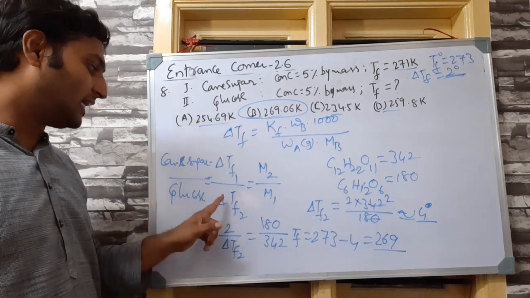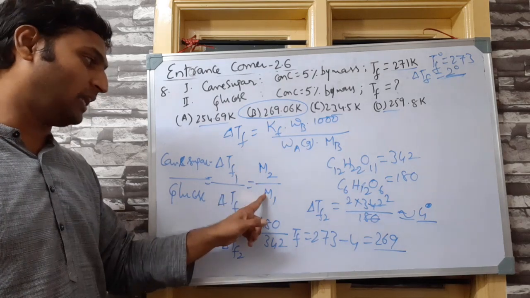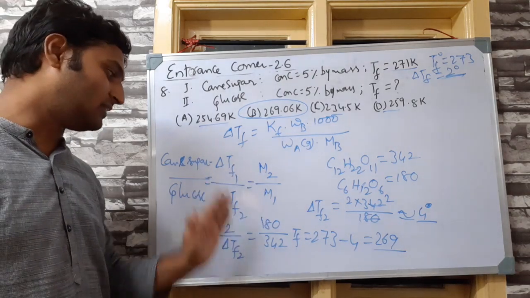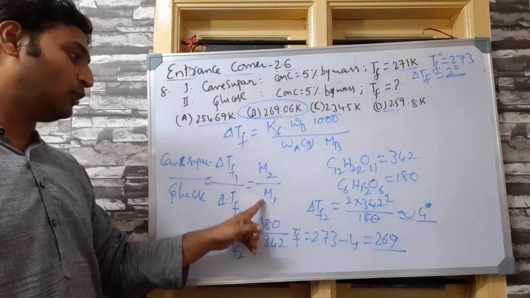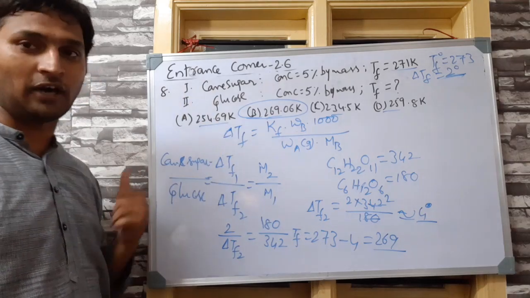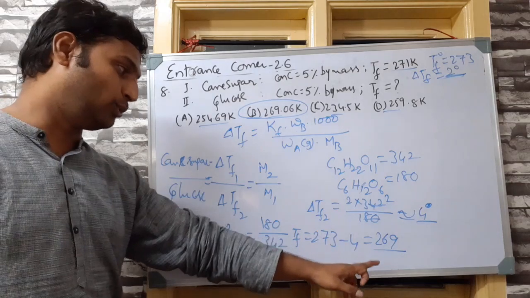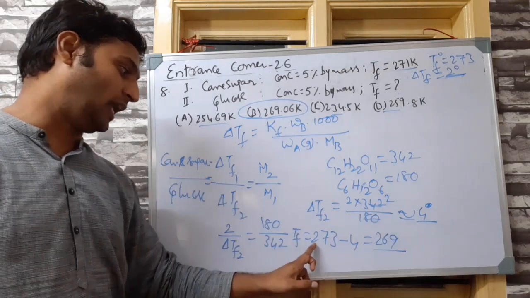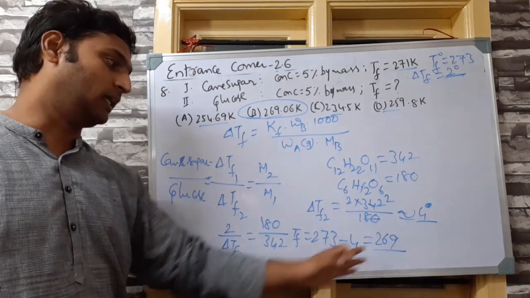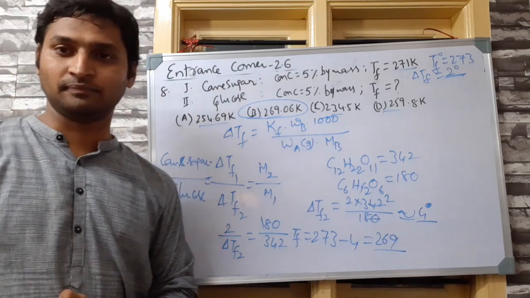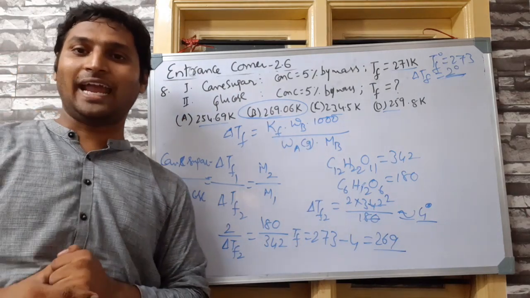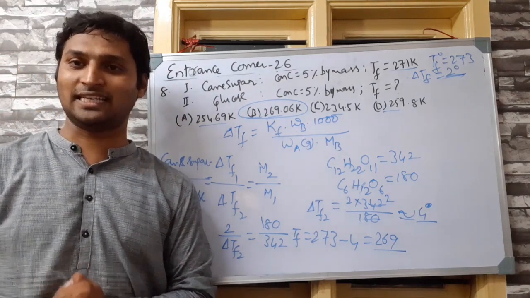That's why delta TF1 by delta TF2 will be M2 by M1. Now using this expression and using the values of both molar masses, because we know the formula of the solutes, I have calculated delta TF2 and subtracted delta TF value from the freezing point of water and got your answer. That was your entrance corner 2.6.